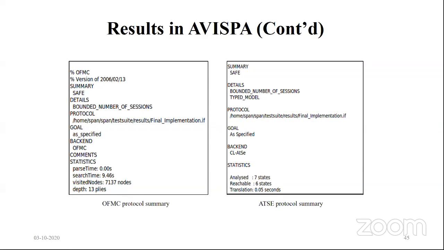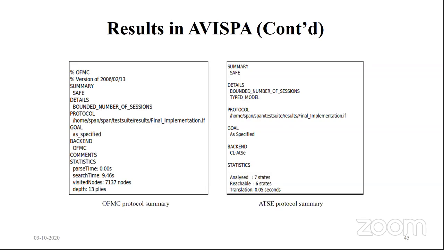There is first the on-the-fly model checker, which shows that the search time for the scheme is 9.46 seconds, but this is not associated with what is happening in real time. It's the background check, to conduct security attacks on the scheme and to identify whether the scheme is secure enough against those attacks.